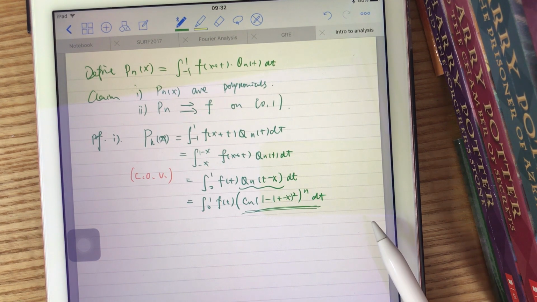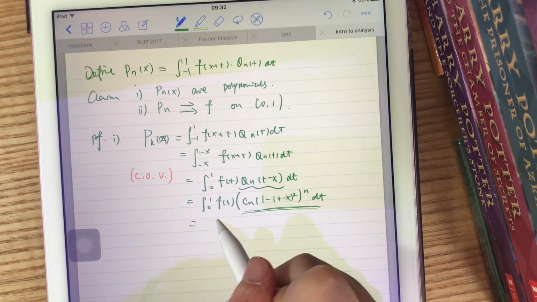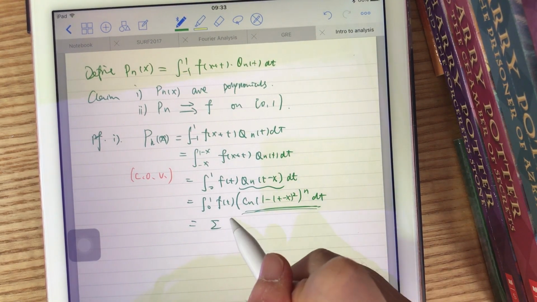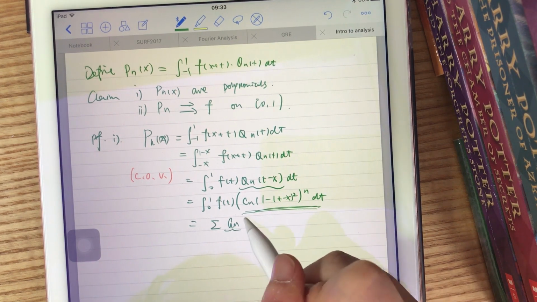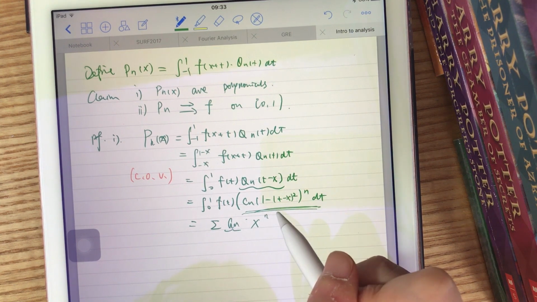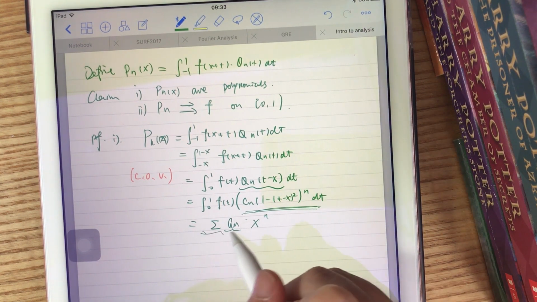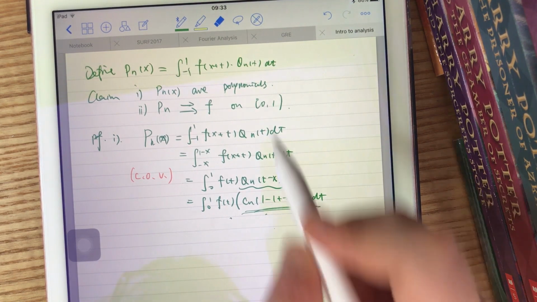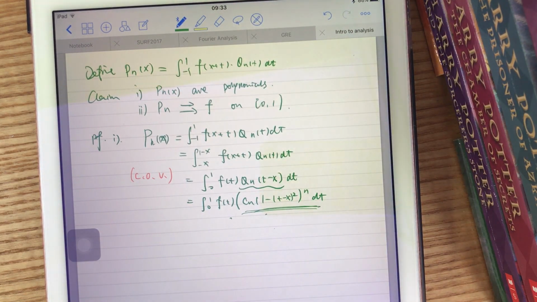So the result will be the sum of some constants, if we call them an, times x to the power of n or something like that. So we prove that this Pn is a polynomial.